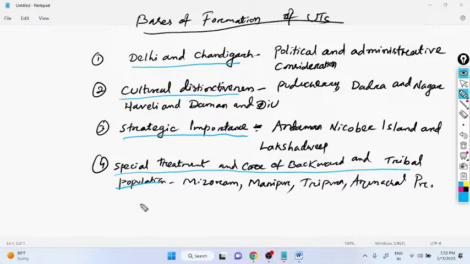On the basis of the following categorization, the Union Territories of India are established.